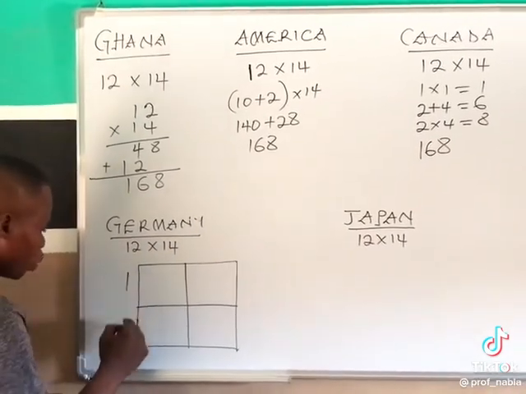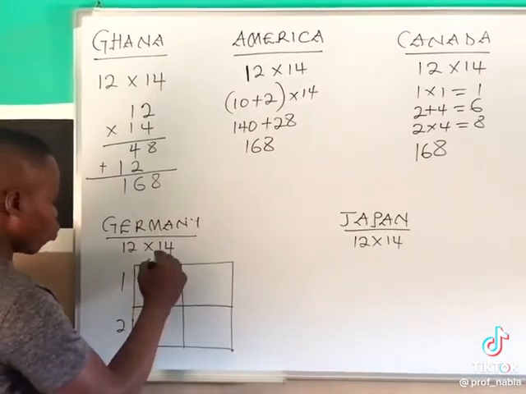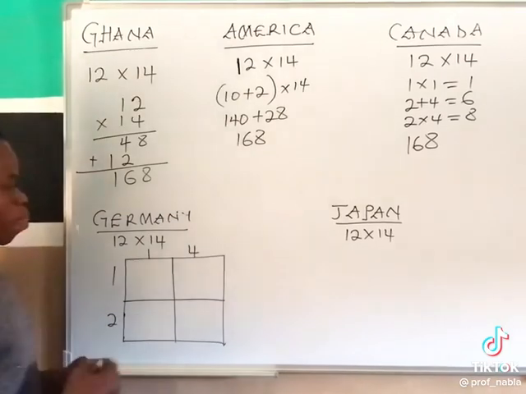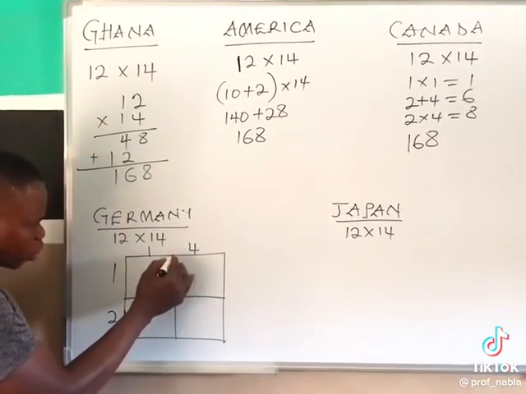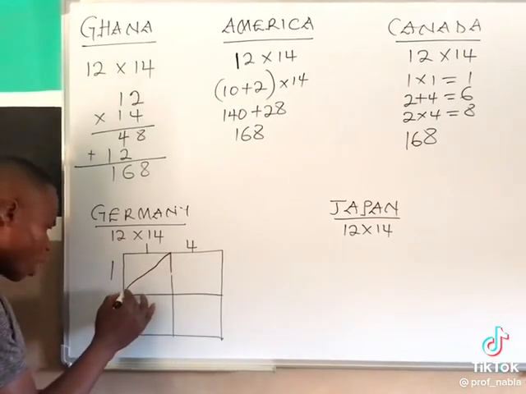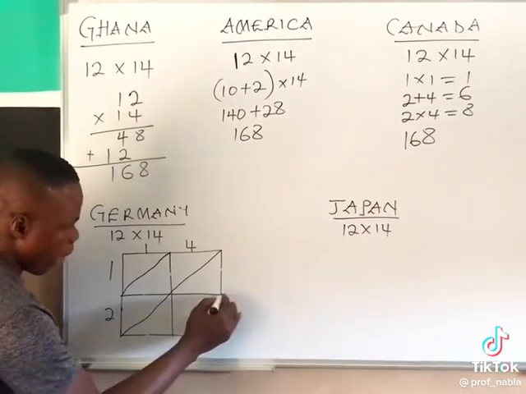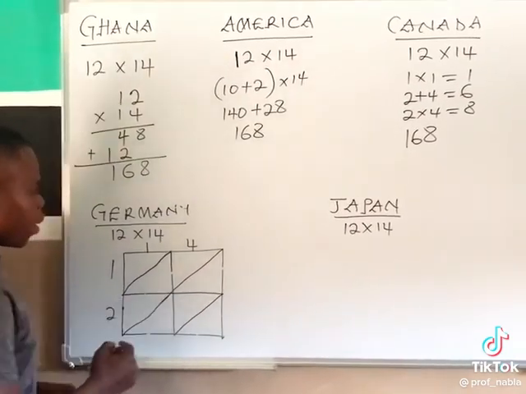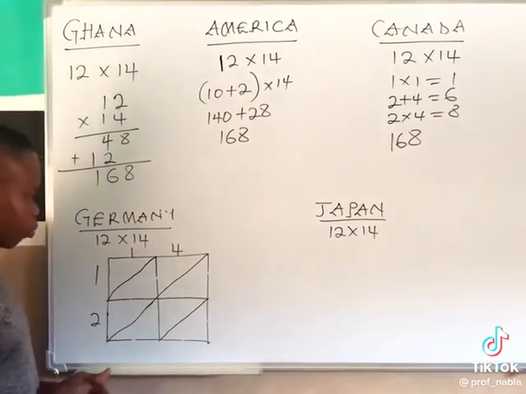Then 14, I'll write 1 here, 4 here. Then the German student will divide these boxes diagonally, and then use these numbers to multiply and put the results in the boxes.